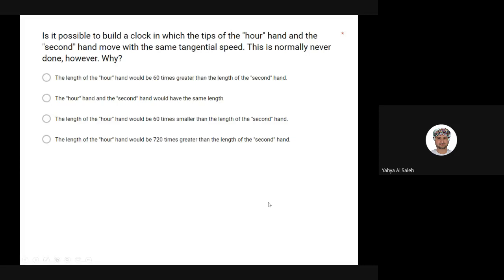Is it possible to build a clock in which the tips of the hour hand and the second hand move with the same tangential speed? So with v being the same. This is normally never done though. Why?